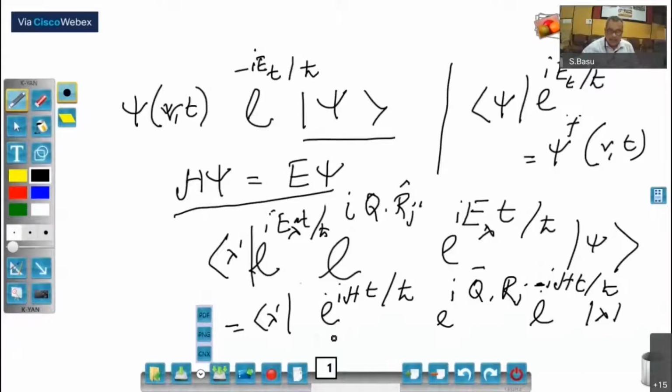Now that this gives me the time operator, because this whole thing gives me the value of this position operator at a time t. So now I have been able to introduce time t with my position through this manipulation.